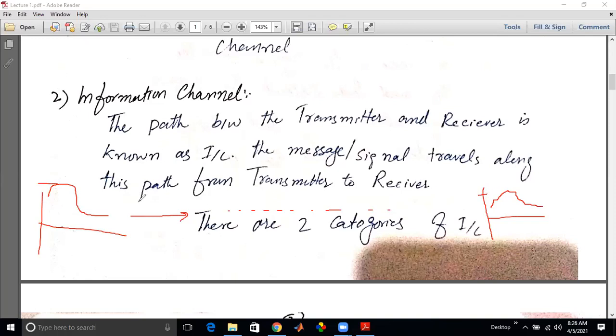So you see that the energy has been lost in this signal, and also its shape has been changed. So the change in energy is called attenuation, and the change in shape is called distortion.